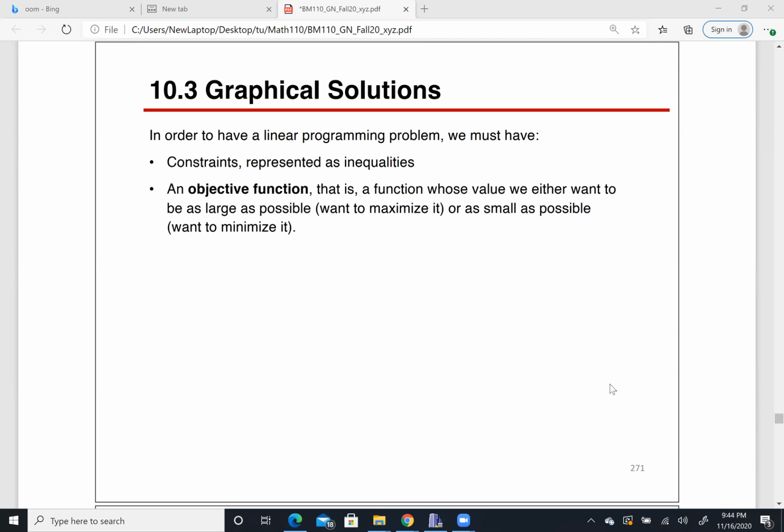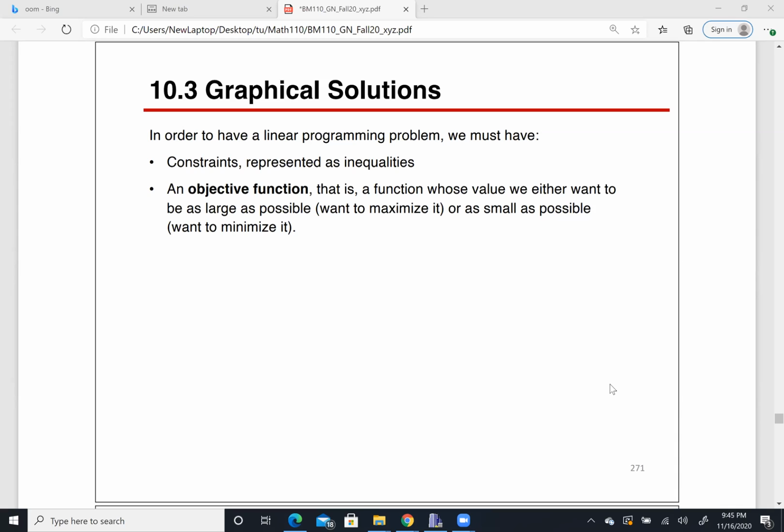Okay, so now we're going to talk about section 10.3, graphical solution in Math 110. In order to have a linear programming problem, we must have constraints represented as inequalities.